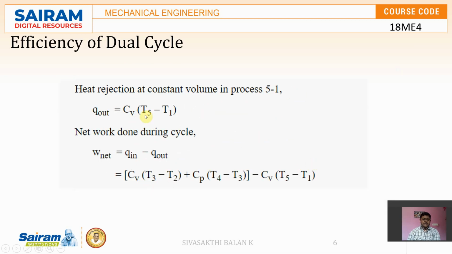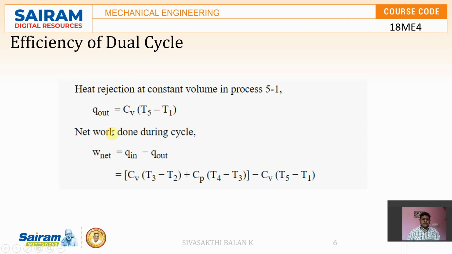Heat rejection at the constant volume process 5 to 1 is m Cv delta T, and since it is a constant volume, we are considering specific heat at constant volume, and mass is assumed to be 1, so it can be neglected. So the heat rejected is nothing but Cv into T5 minus T1.